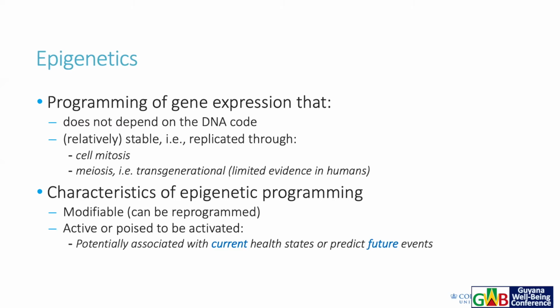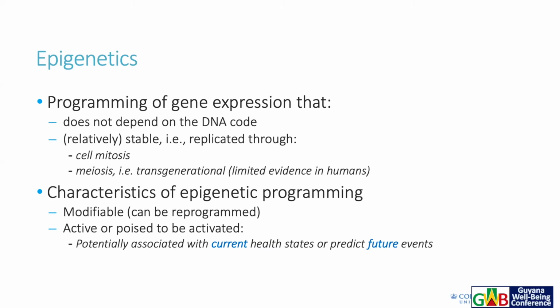For the purposes of my presentation, I want to highlight two characteristics of epigenetic programming. First of all, epigenetics is modifiable. And that is very different from the genome. The genome is not modifiable, or at least changes very little. And also, epigenetics is about the genes that are active or poised to be activated.